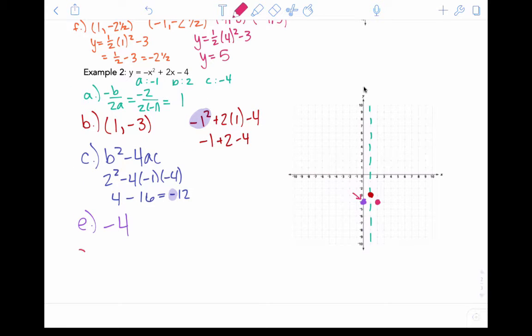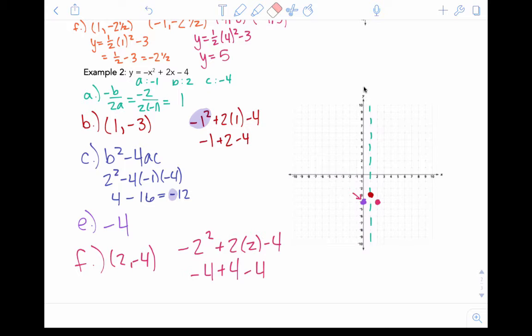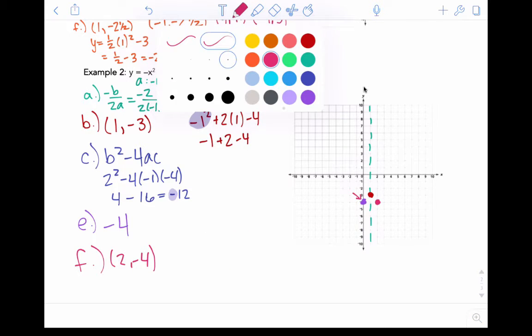Now I am going to just double check that. If I plug 2 in for x, I'm just going to double check that I get -4. So if I have -2 squared plus 2 times 2 minus 4, well, -2 squared is -4, plus 4 minus 4 is 0 minus 4, which is -4. So that works.